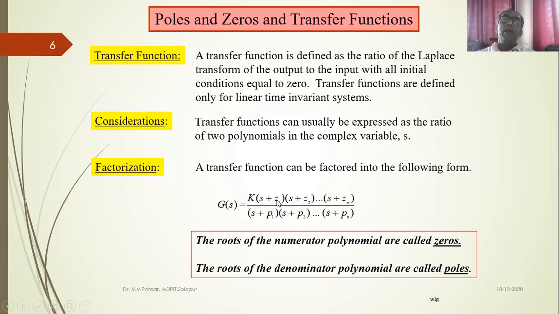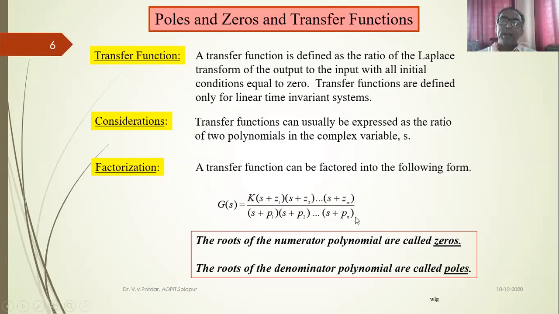So that value of the factor in the numerator for which the ratio becomes 0 is called a zero of that system, right? Got the point? So the numerator factors correspond to zeros of that system.